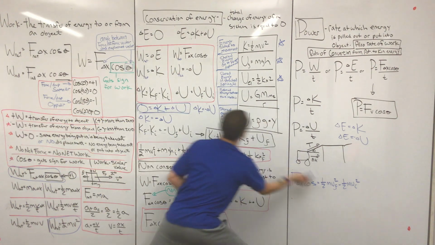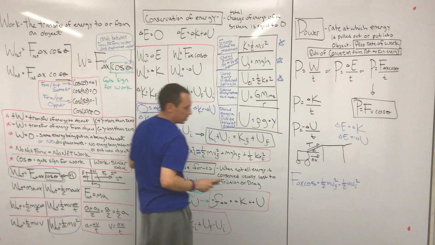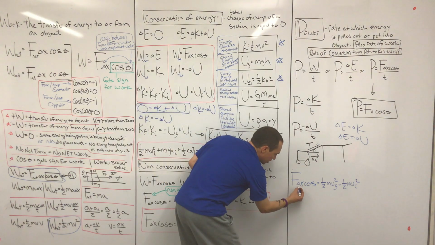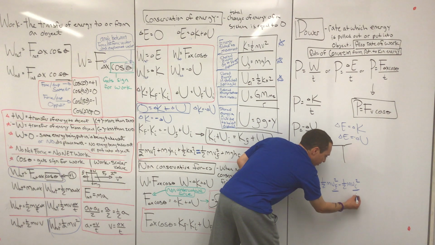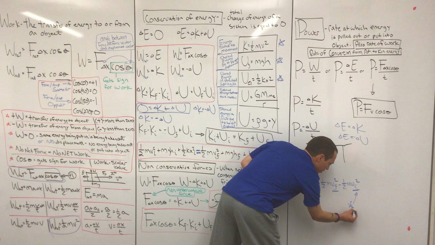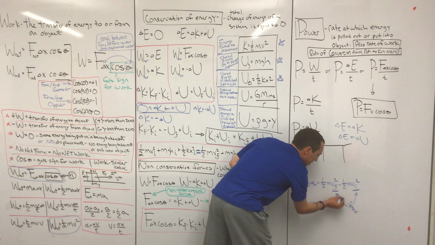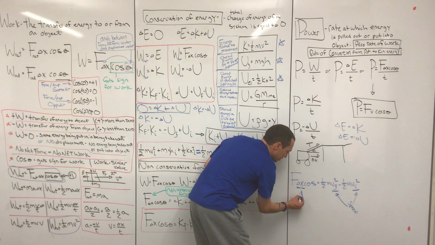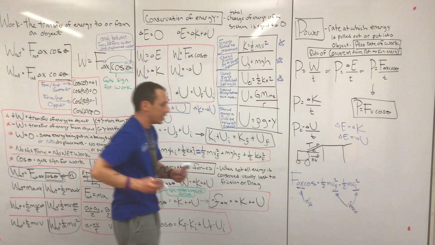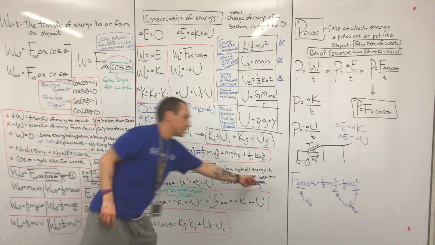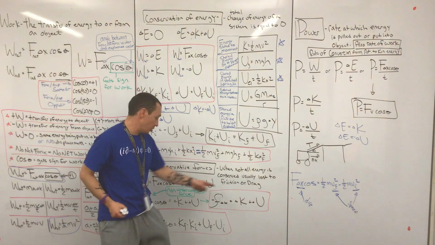So I'm just making these two equal to each other. That gives us an equation that's telling us displacement and speed. This is speed, this is speed, that's initial speed, final speed, and this is displacement. So now we have another way to solve for displacement and speed with this new equation. That's another thing to know.